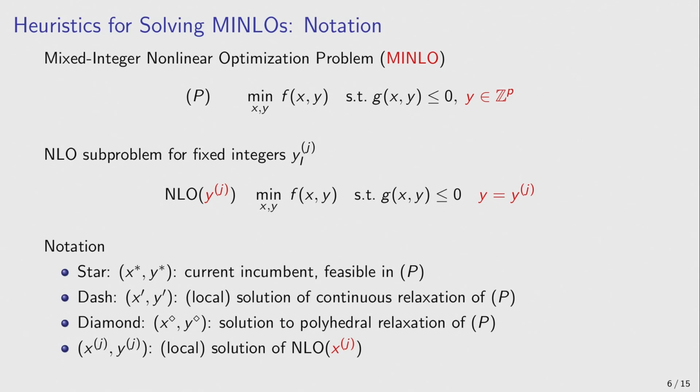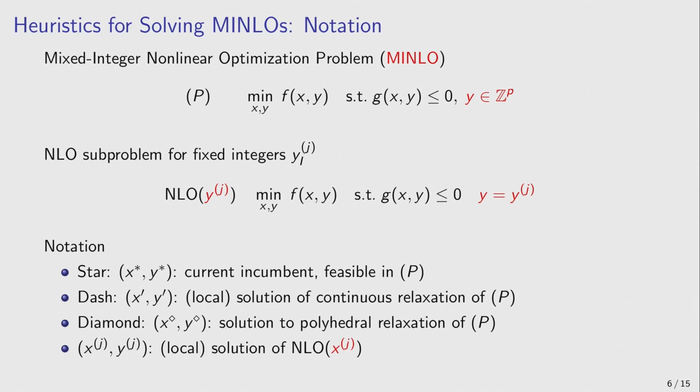And I will denote by this dash a local solution of a continuous relaxation of my mixed integer nonlinear optimization problem. And then whenever you see the diamond at the top here, that's supposed to indicate that it's a solution of a polyhedral relaxation.